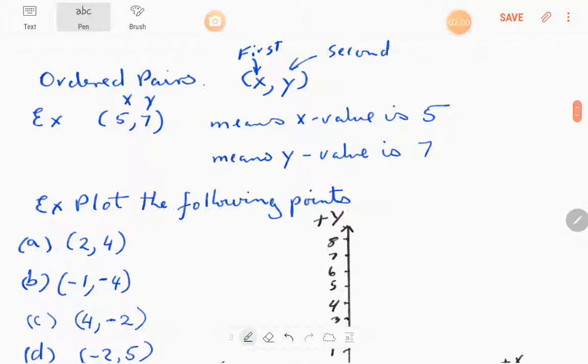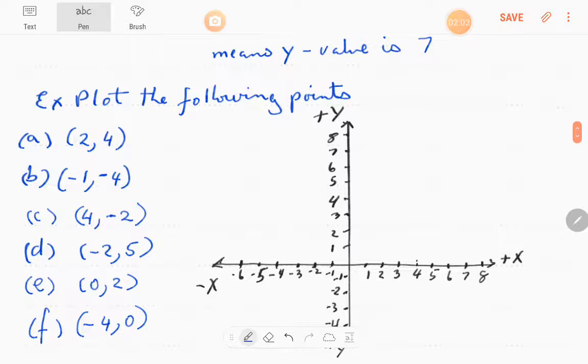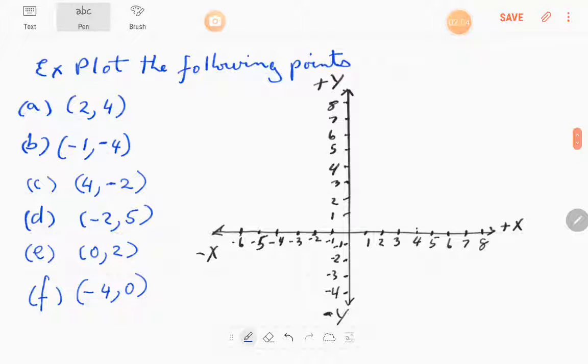Okay, let's look at some examples of plotting some points. So here we want to plot these points, and I went ahead and set the graph up to save time. Of course, in the center here is 0 for both the x and y. That's the origin. Okay, so for example, we want to plot the point 2, 4. So they're both positive. They land in the first quadrant.